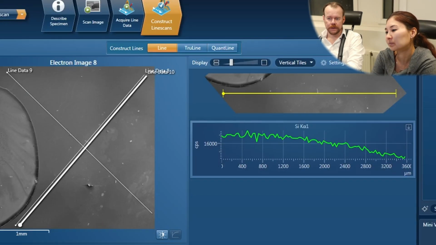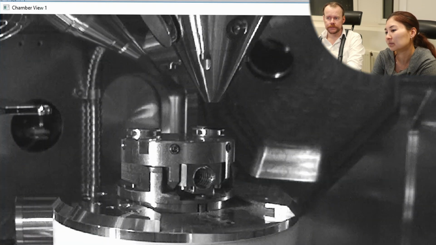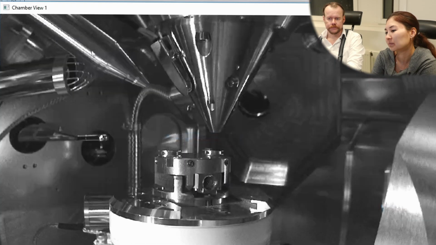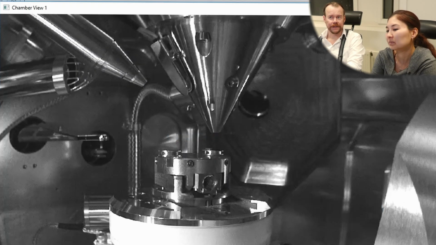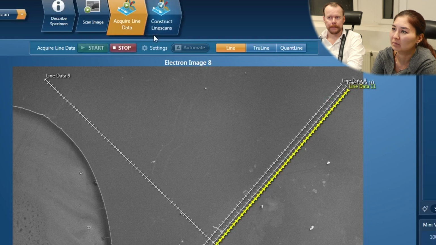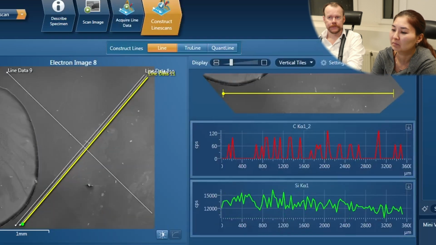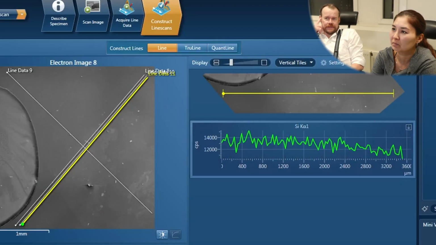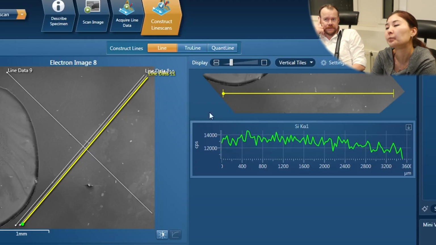So we can try to pull out the detector even further. Take it all the way back. This is the maximum position. Now you see it's almost flat. So it's improved a lot.